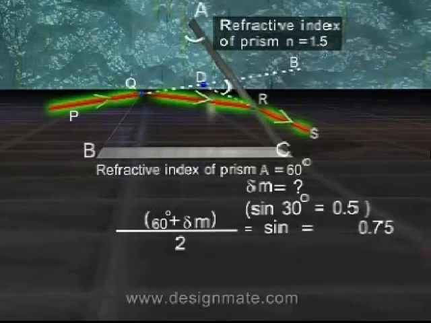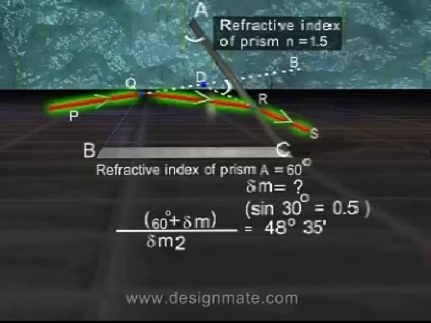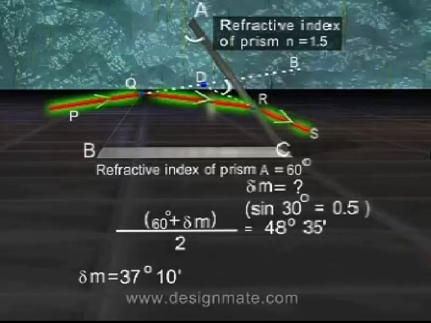Therefore, 60 degrees plus delta M, the whole upon 2, is equal to sin raised to minus 1, 0.75. Therefore, 60 degrees plus delta M, the whole upon 2, is equal to 48 degrees 35 minutes. Therefore, delta M is equal to 37 degrees 10 minutes.